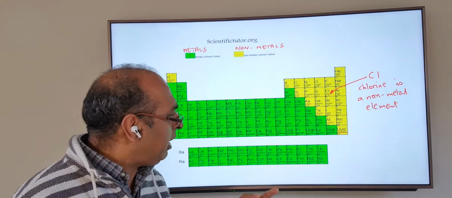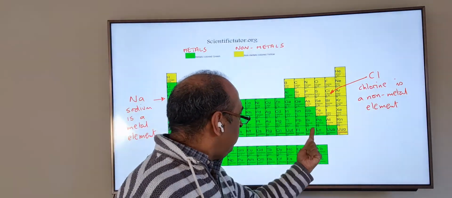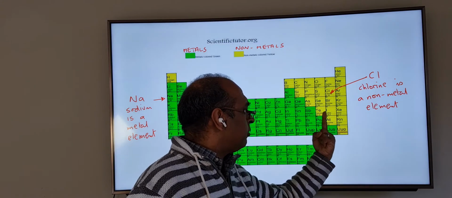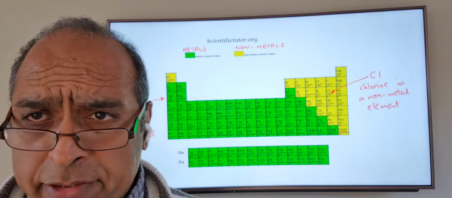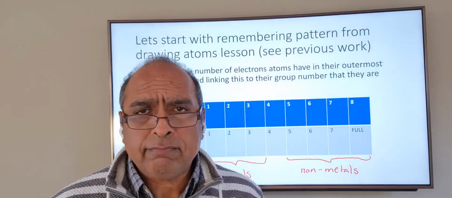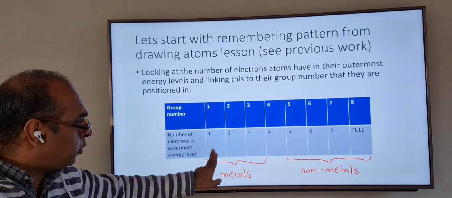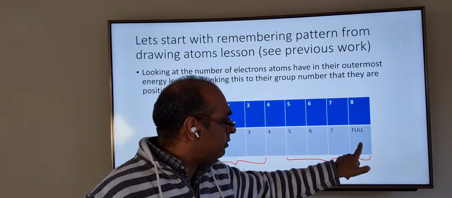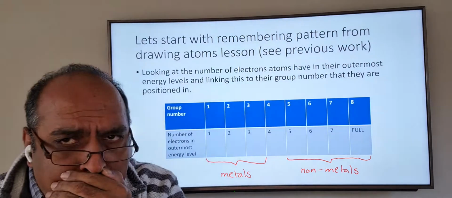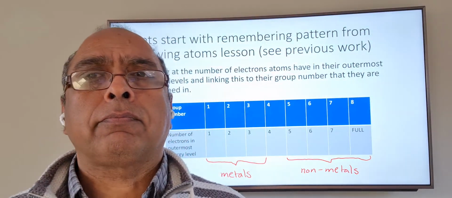And then let's have a look at 5, 6 and 7, 8. 5 is that group, 6 is that group, 7 is that group, 8 is that group. Those are largely non-metals. So let me go back. Groups 1, 2 and 3 were largely metals. Groups 5, 6, 7, 8 are largely non-metals.